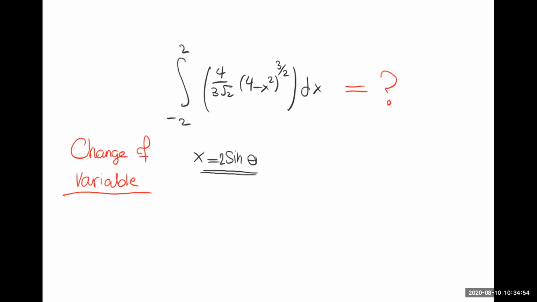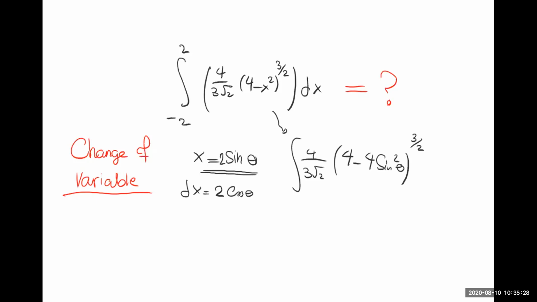Usually when we see something like 4 minus x squared, 9 minus x squared, or 1 minus x squared, these kinds of integrals suggest this change of variable would work. If I take it like that, this integral would change into integral of 4 over 3 square root of 2, 4 minus x squared, which would be 4 sine of theta squared, to the power 3 over 2 dx. What is dx now? It's 2 cosine theta d theta.